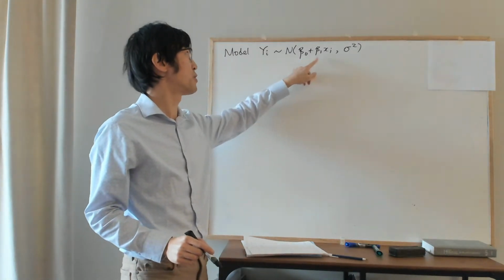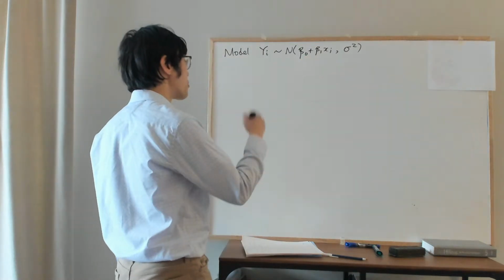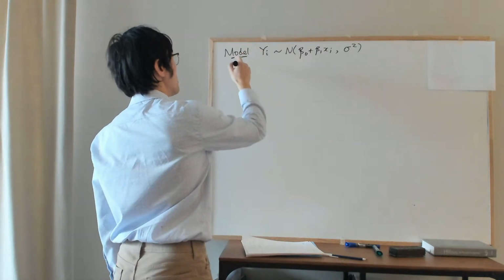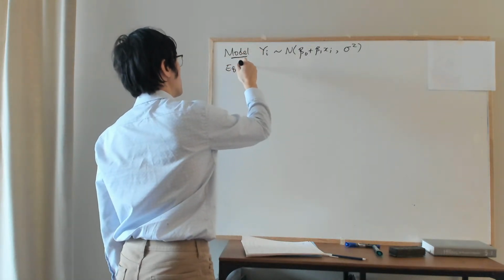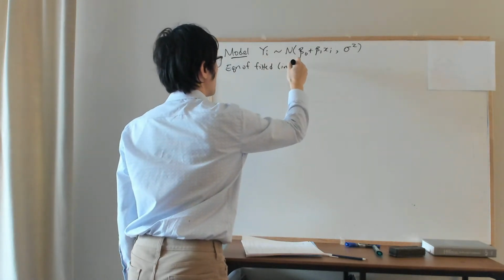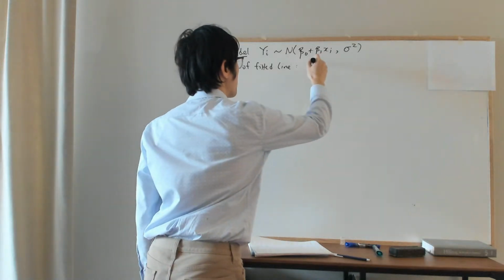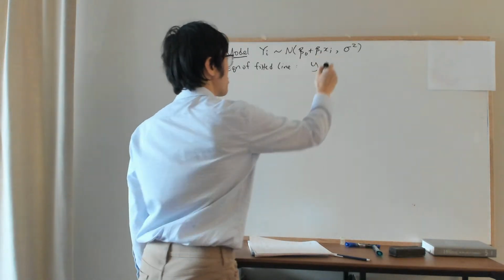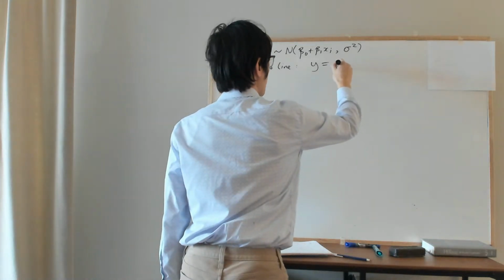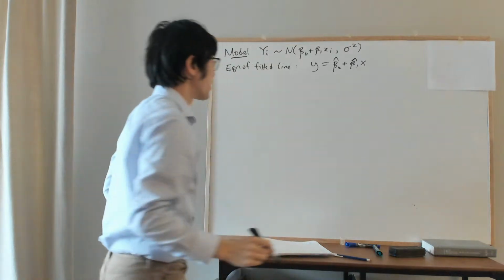Okay, and so this is the theoretical model, and so after we collect the data, we fit the model. In other words, we estimate the parameters beta 0 and beta 1. We obtain the equation of our fitted line. Okay, so this is the model, and then the equation of our fitted regression line. So we drew a little picture last time. The line we have fit to the data would be described by this equation, y equals beta 0 hat plus beta 1 hat x.